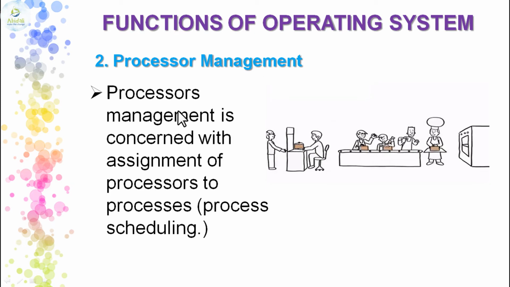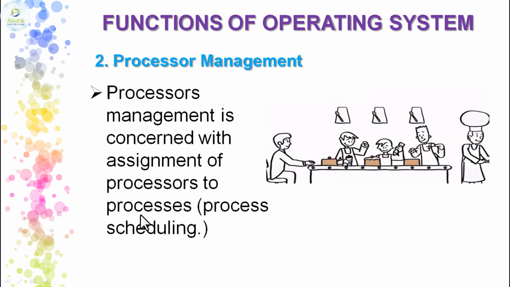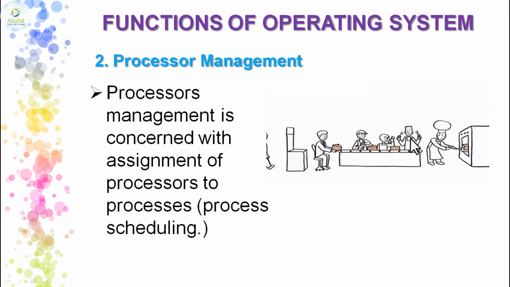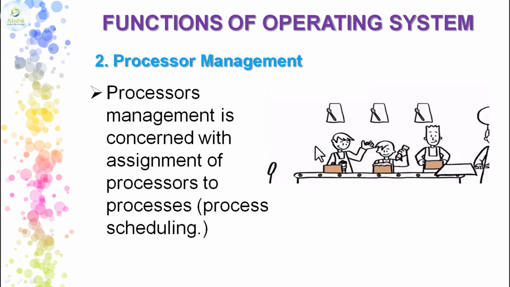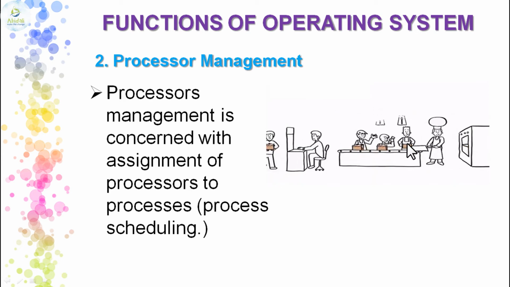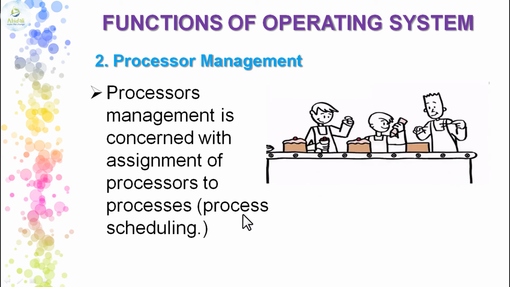So process management is concerned with assigning of process to the processor. So here, the person you see, the baker or the decorator or the seller, is like a processor. Okay, so every processor has a certain process to do, putting a strawberry, baking the cake. So they are being scheduled for a certain time.